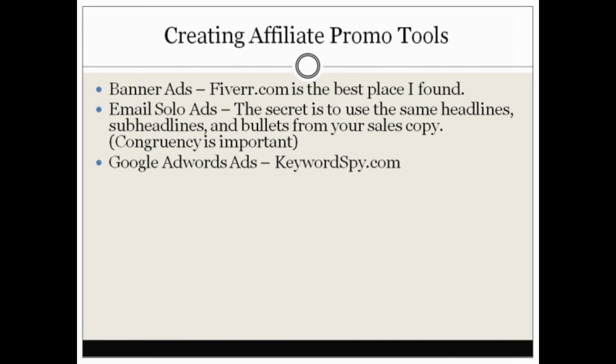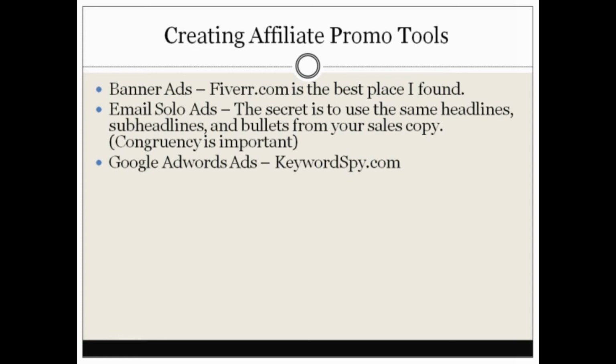Google AdWords ads are another affiliate promotional tool that you can create for affiliates that want to promote your product using pay-per-click marketing. A great tool to use to create these ads is keywordspy.com or a site called spyfu.com.